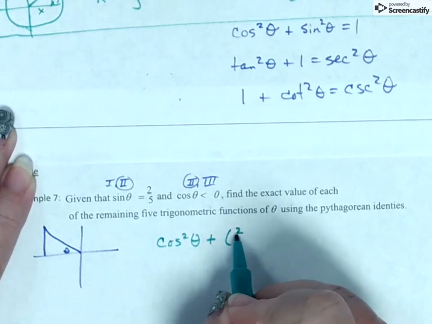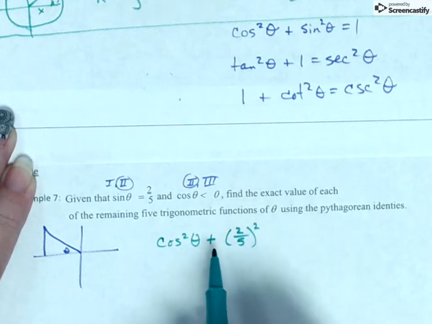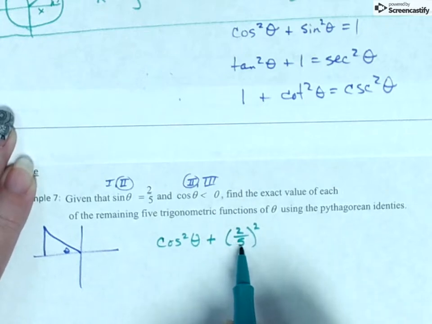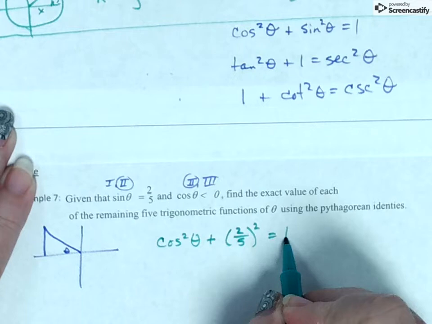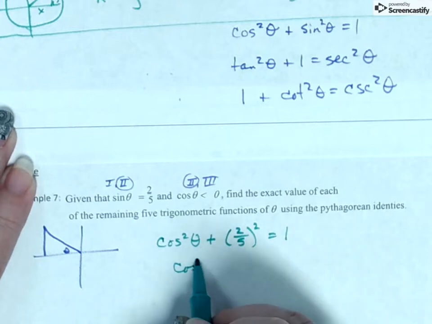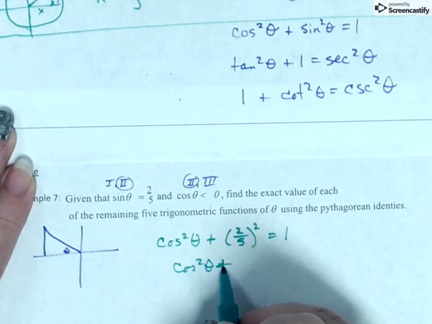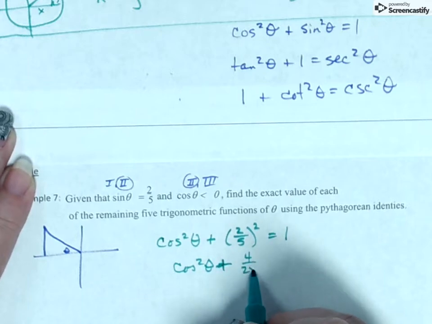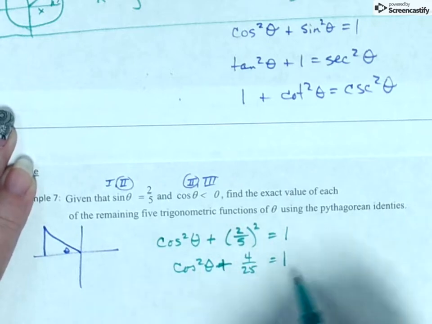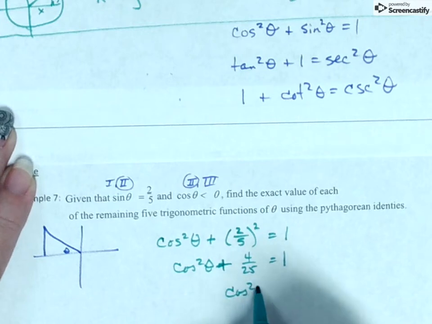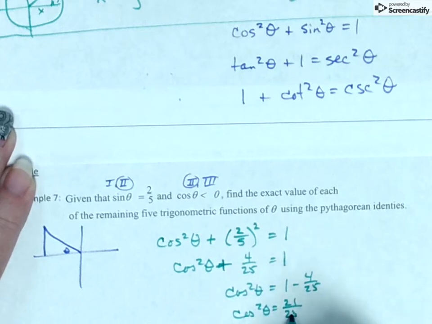So I'm going to put (2/5) squared, because that's sine squared theta, equals 1. That's cosine squared theta plus 4/25 equals 1. We're going to subtract: cosine squared theta equals 1 minus 4/25, and so cosine squared theta equals 21/25.